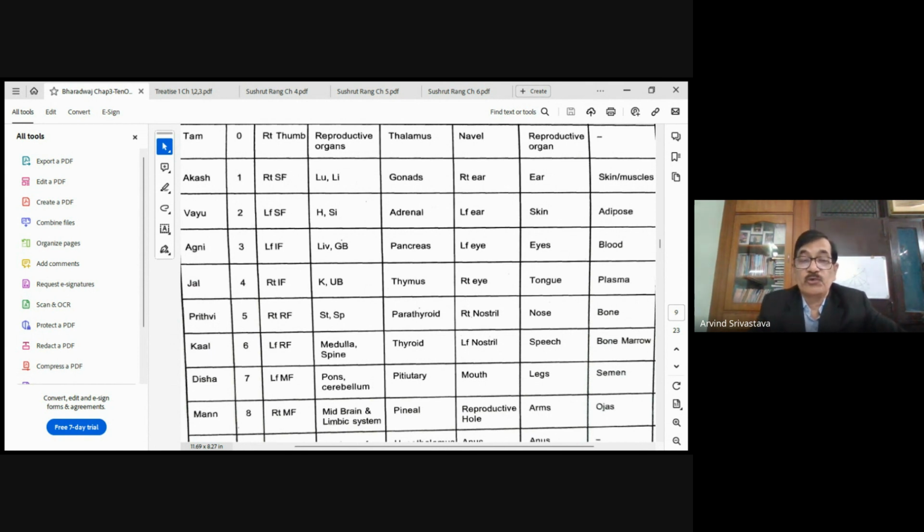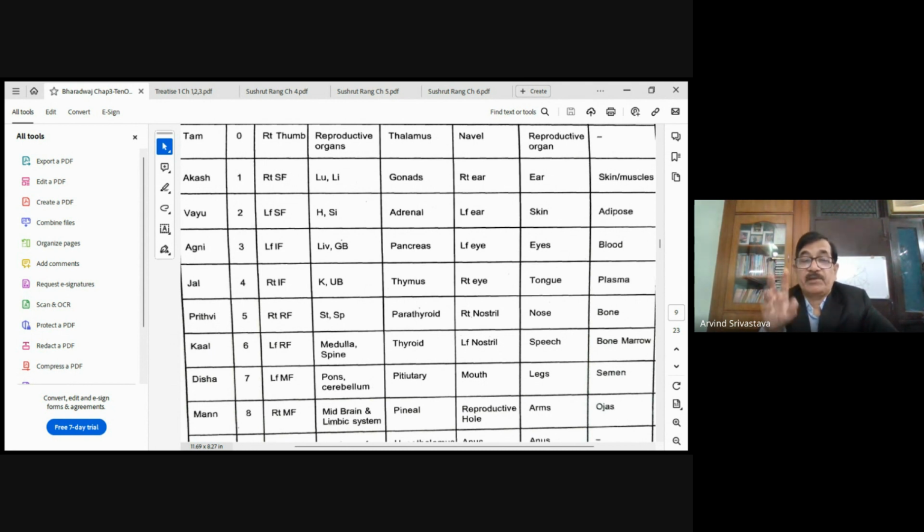So it is doing the same thing, giving energy, like mother, like Prithvi, like earth mother is doing. So stomach and spleen are making food and digesting it. They are responsible for our nourishment, just like earth is doing.